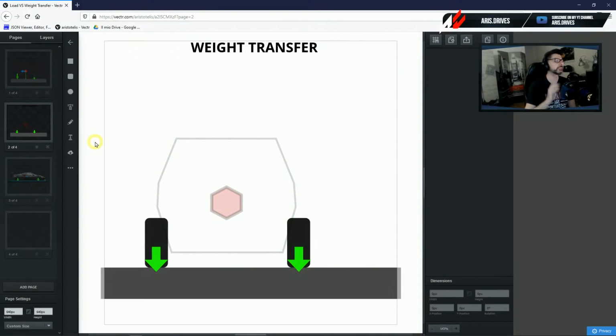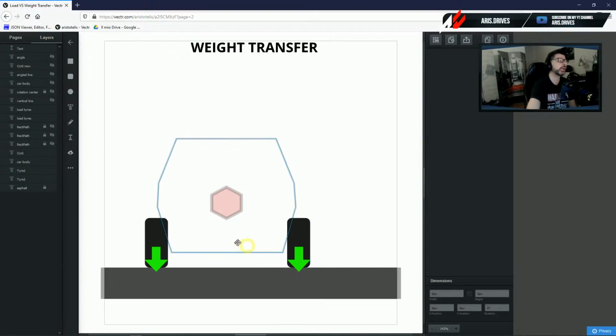We have the same exact situation as before. It's a car, center of gravity, load equally divided in your four wheels. We just look at two of them, but just imagine that there are another two behind. Now you start turning, and when you turn and you have a suspension, what happens?